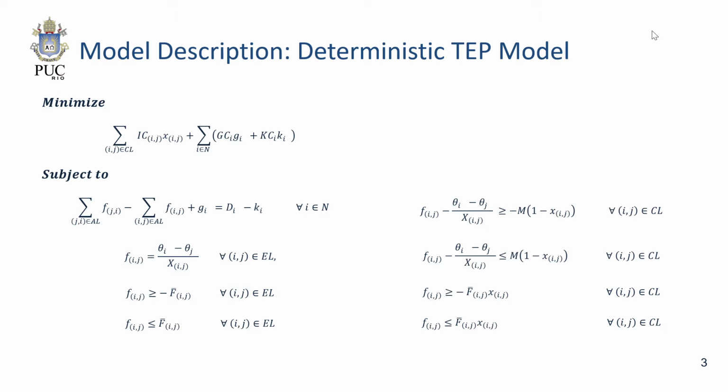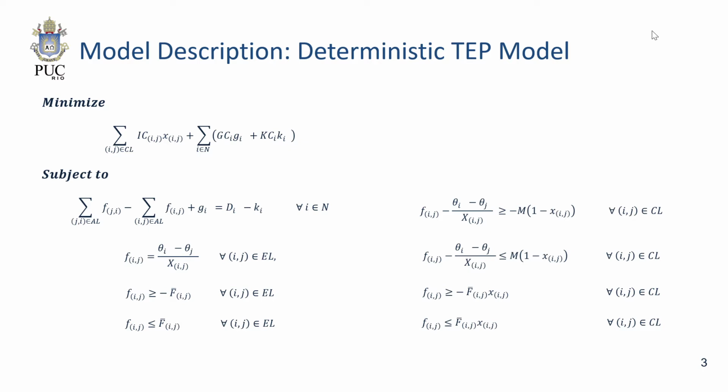There's an M, which is a big M times 1 minus X. That's the decision of allowing a circuit to exist. If that holds, then the circuit exists and the flow is properly calculated. Otherwise, it doesn't, and the solution does not contemplate this circuit.